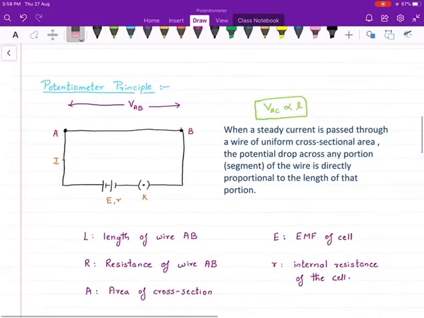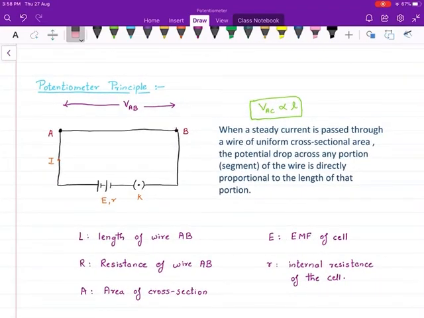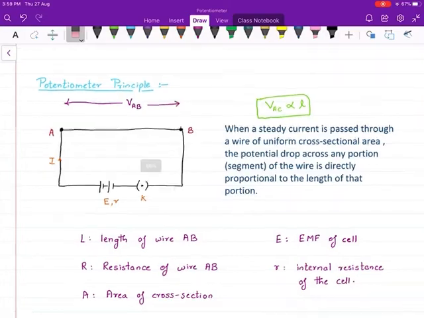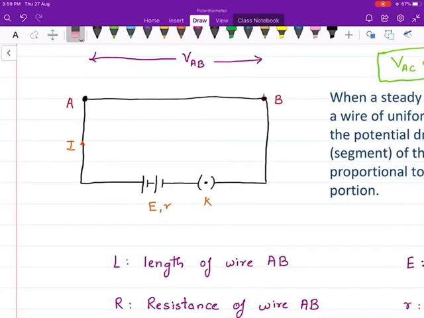Now let's see the potentiometer principle behind how this potentiometer works. Now for that I have drawn this circuit diagram. This is our potentiometer wire AB.